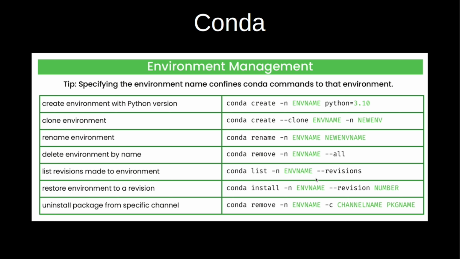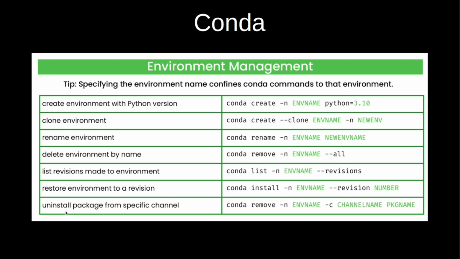First you check which revision you want to restore, and then you restore that environment name by passing the revision number you want to get back. So we'll try this one to know how to restore a previous environment state or revision.